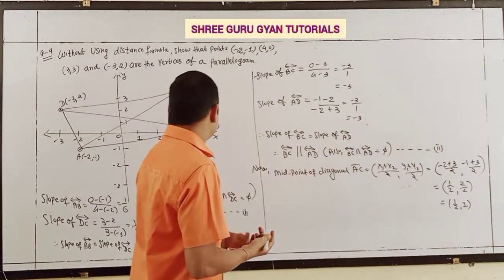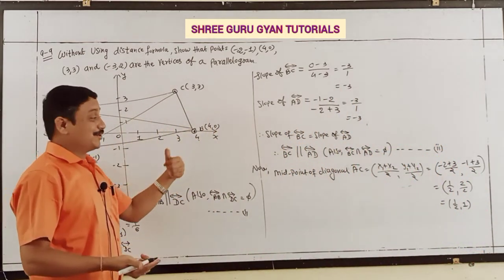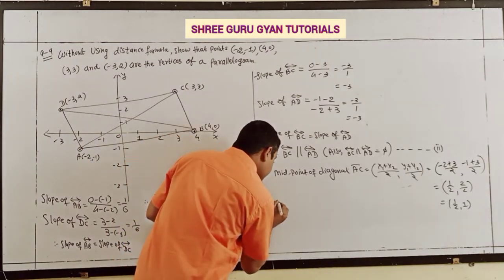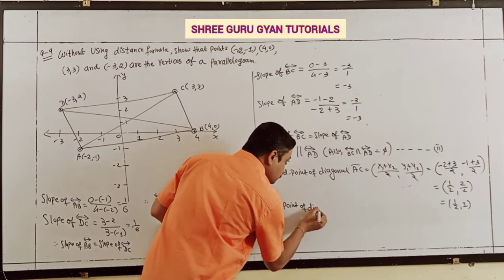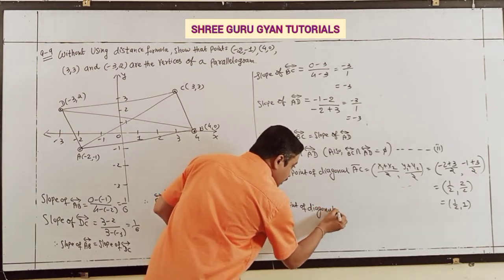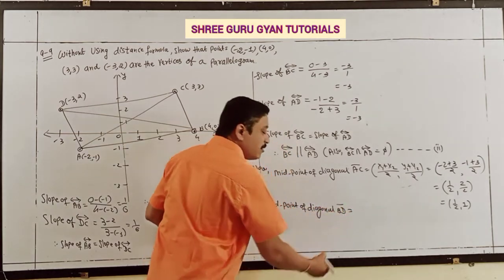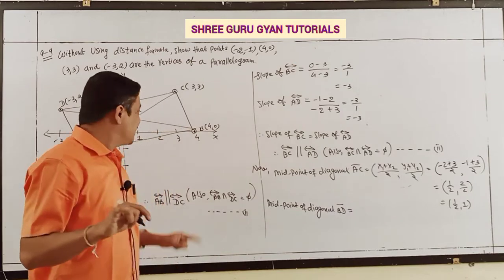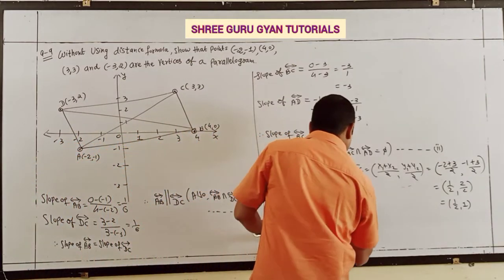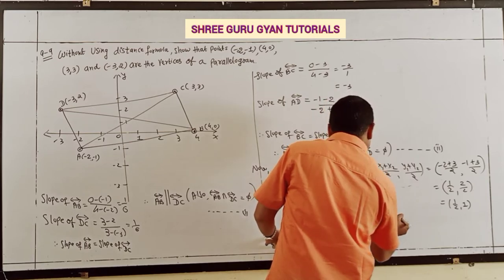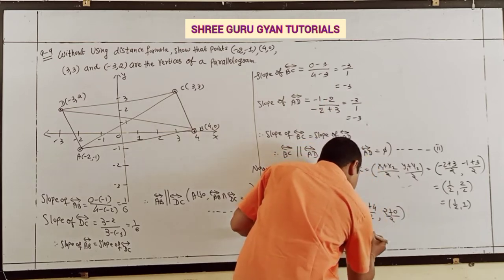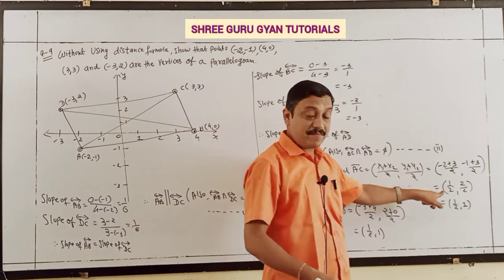Similarly, students, now we will check the BD midpoint. Midpoint of diagonal BD, apply the same midpoint formula. B to D: minus 3 plus 4 by 2 and 2 plus 0 by 2. You check here, it is half comma 1. They are the same?